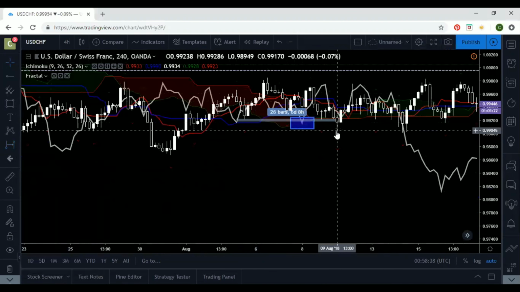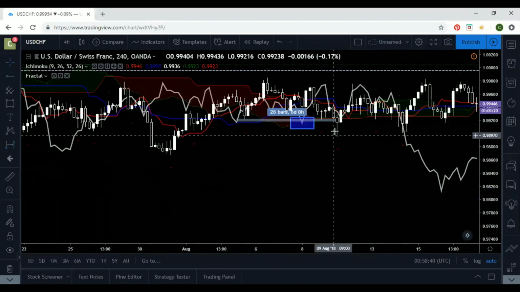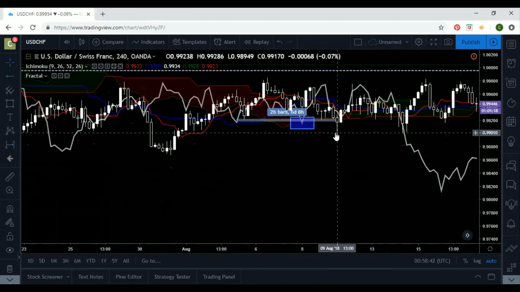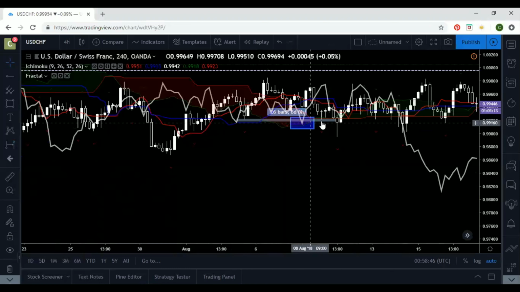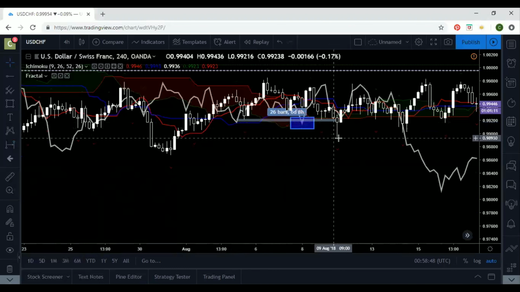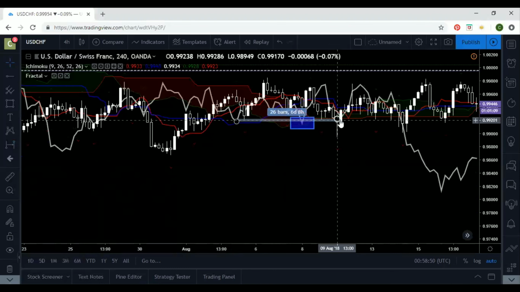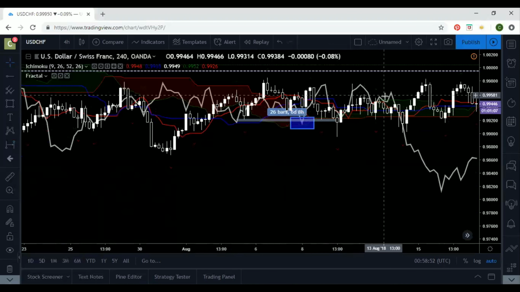So this would be the candle right here. It was a false breakout right here. So it did break out, but look what happened. It wicked in here, came back up and started ranging.